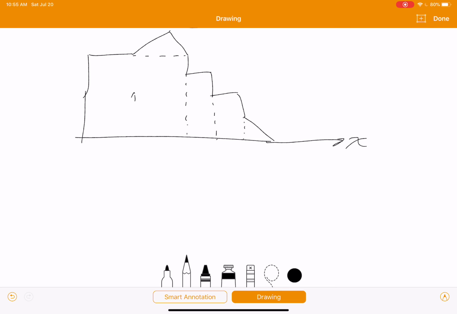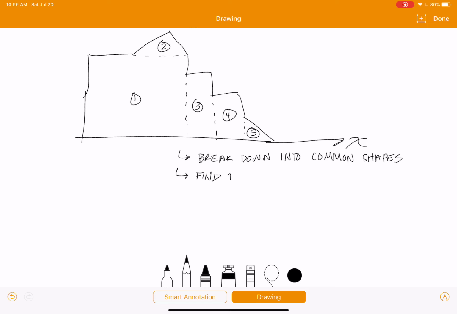And so we can say, okay, this is going to be shape 1, 2, 3, 4, and 5. So break down into common shapes. Again, all these shapes we know the equations for. And then you can find Ix prime for each shape.